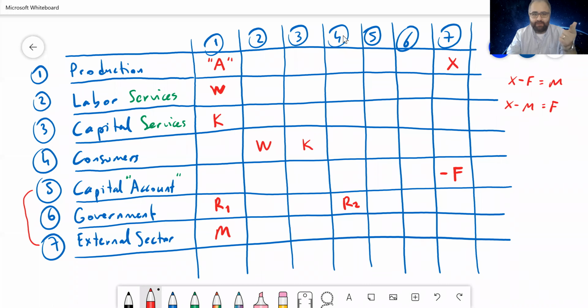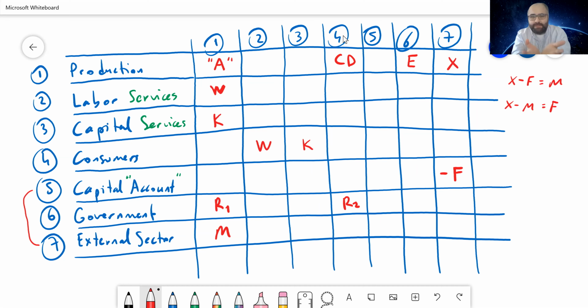Government spending is there. Now, this is 6, the government account. So government spending is becoming an income source for the production sector. So similarly, consumers, account 4, make consumption demand. All right.